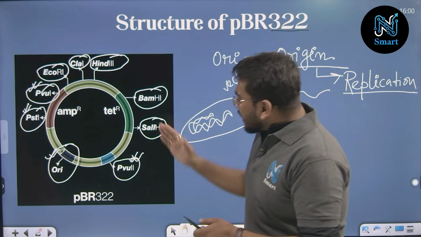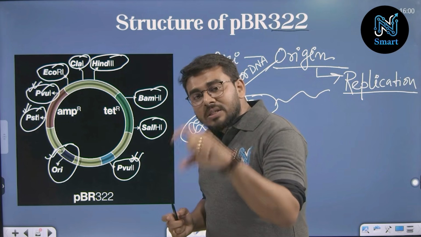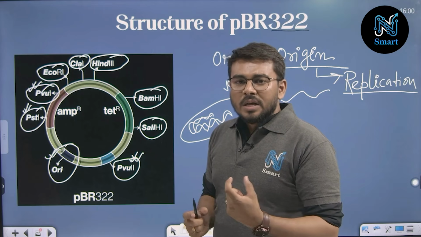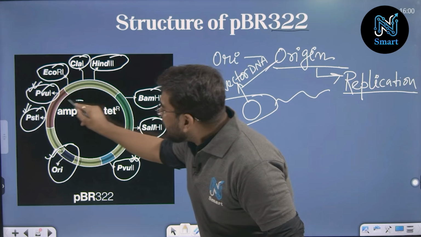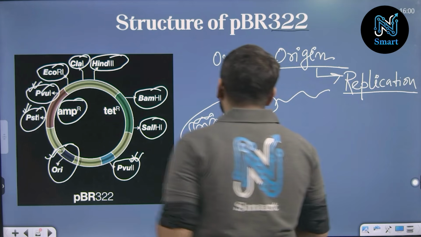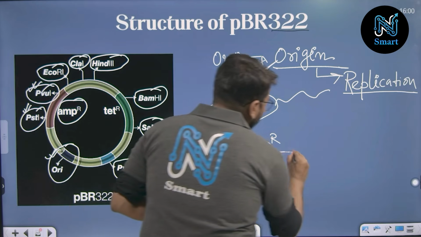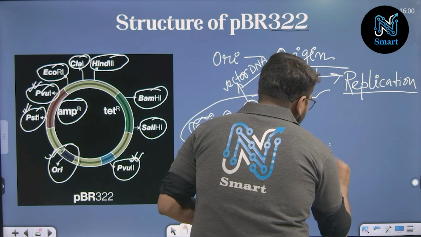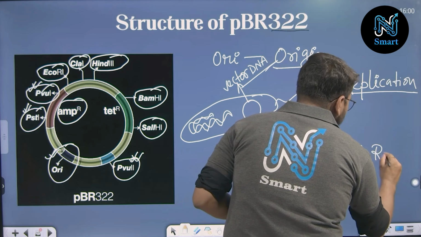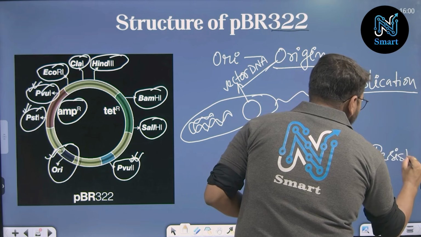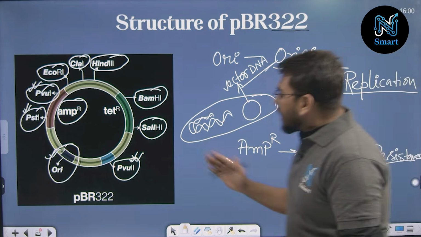That means you can cleave all these sites and incorporate the desired DNA that we want. Another most important thing is AMPR, and you all know the meaning of AMPR, my dear. AMPR means ampicillin resistance.